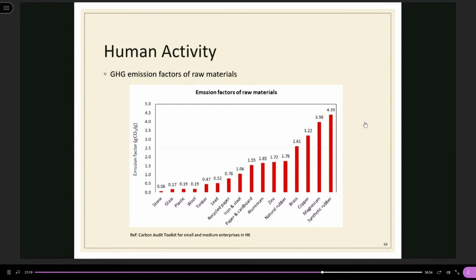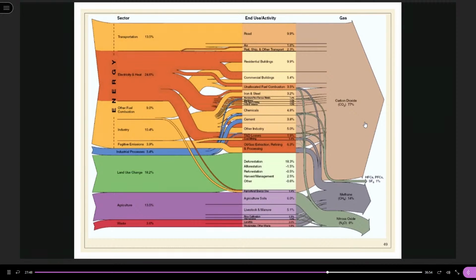Greenhouse gas emission of raw materials. Okay, so some figures for you to take as reference. For these human activities, when you travel, when you eat, when you buy anything, when you use water, when you use electricity, all these can be converted into different kinds of gas emissions: carbon dioxide, methane, and nitrous oxide emissions.